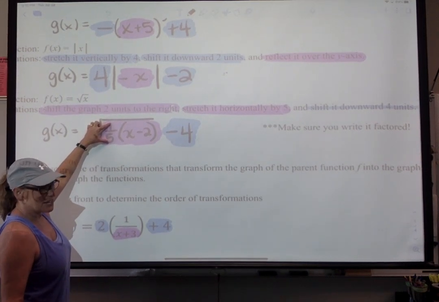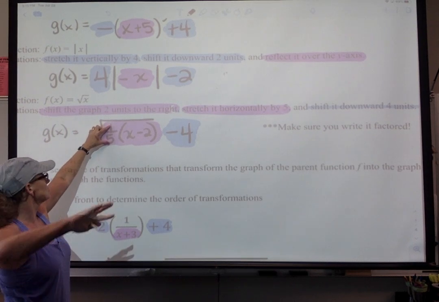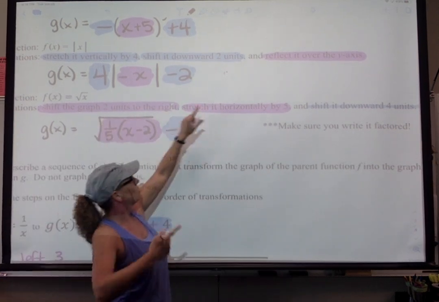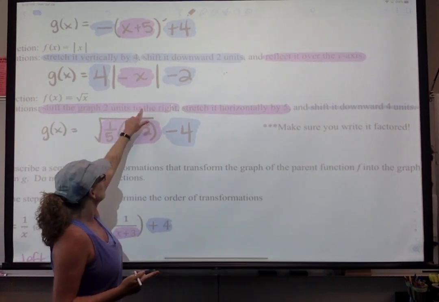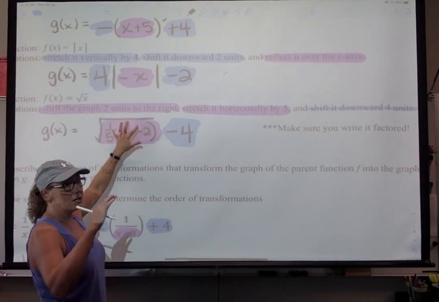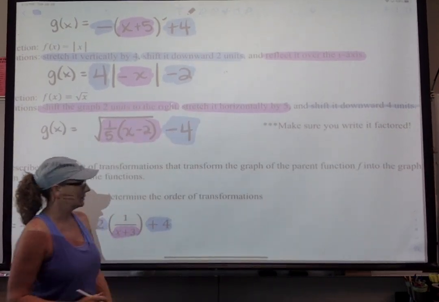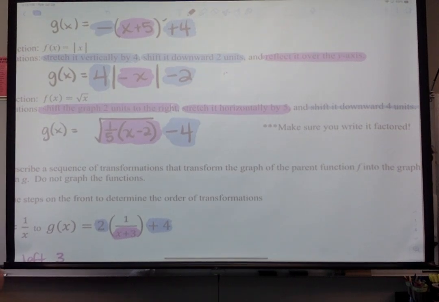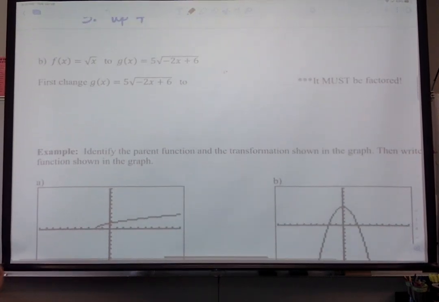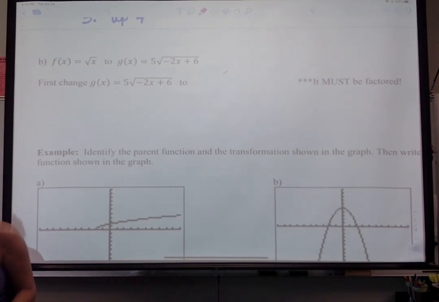Backwards from what you would think. Kind of looks like a horizontal compression of 1/5, but you know that's backwards. Turn it upside down. That's a horizontal stretch by 5. That's 2 to the right, that's down 4, and this is already in factored form. The factored form has to match the wording. Okay, and here's another good one that has us looking at factored form.